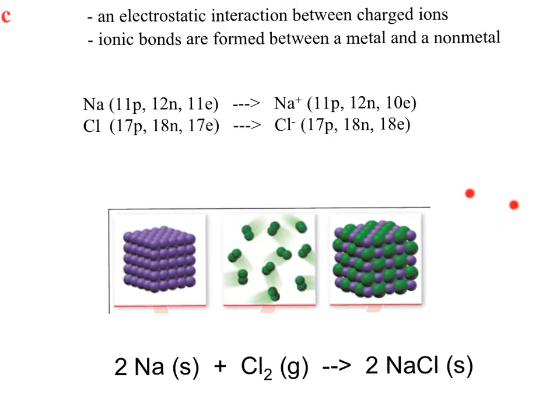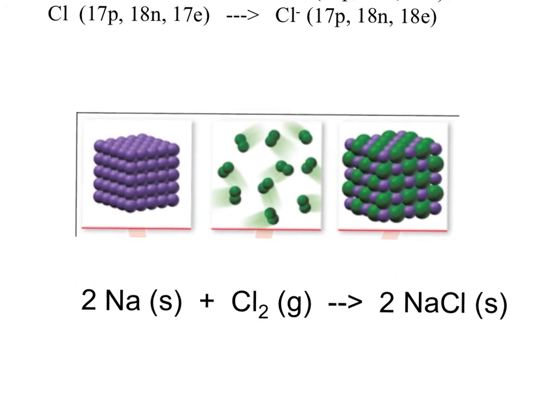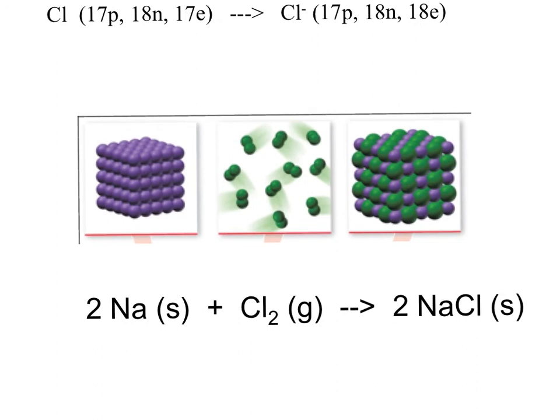All right, the next part here is this picture of the different elements. Sodium is a metal, and so you can see that it's just the atoms of sodium that are neutral, and they're arranged in a very systematic way in a 3-dimensional array.